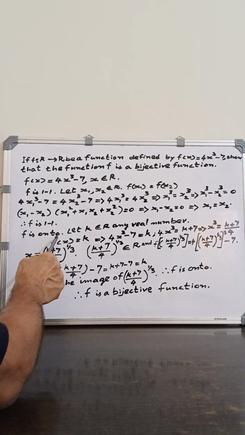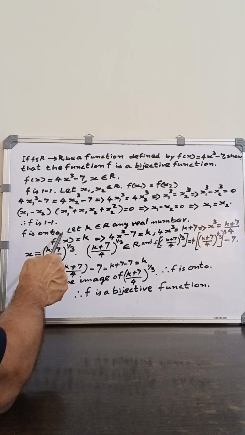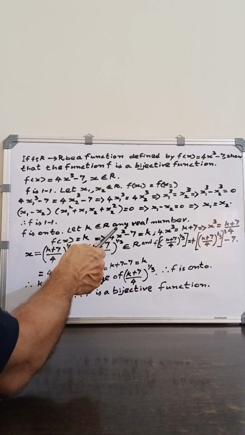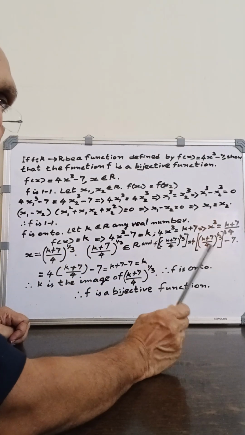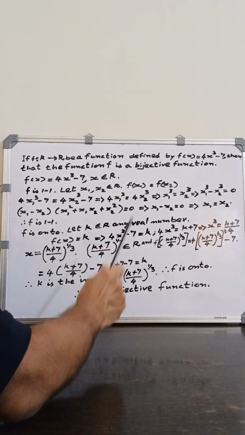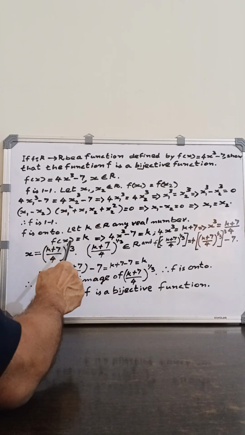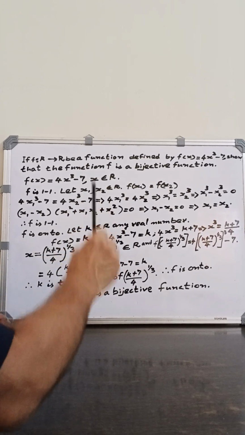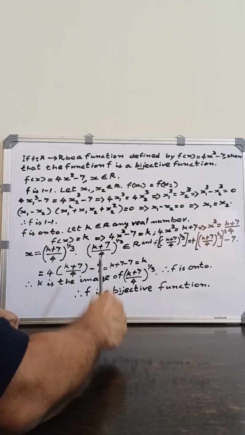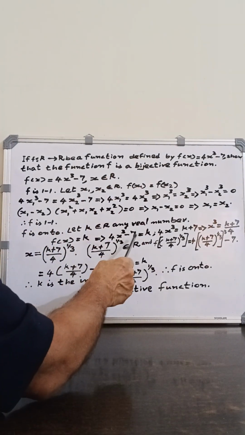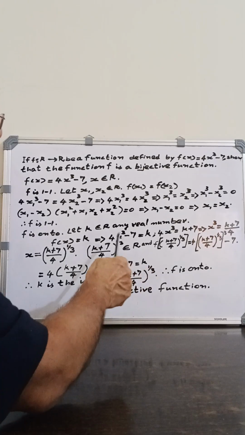Next, the check is for onto. F is onto. Let k belong to R, any real number. Let us consider a real number k. Therefore, f of x equals k. Therefore, 4x cube minus 7 equals k, according to our supposition.